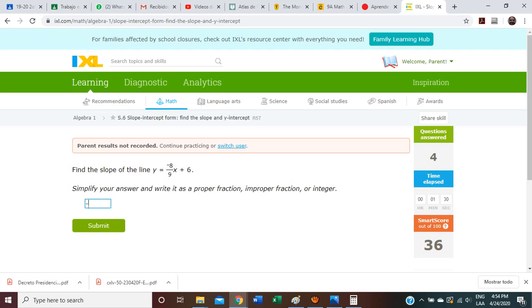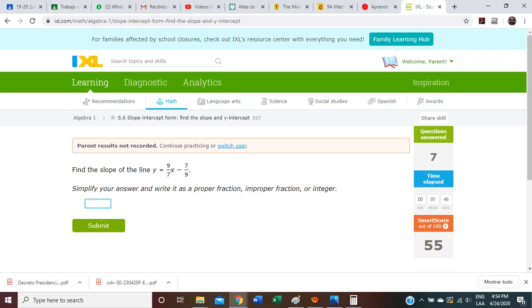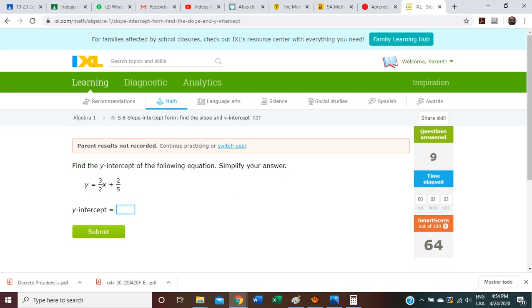Okay, negative 8/9. All right, y-intercept 2/7, y-intercept 8/5. It's okay, right? Slope 9/7. Slope negative 7/2. And I can continue all the way around.